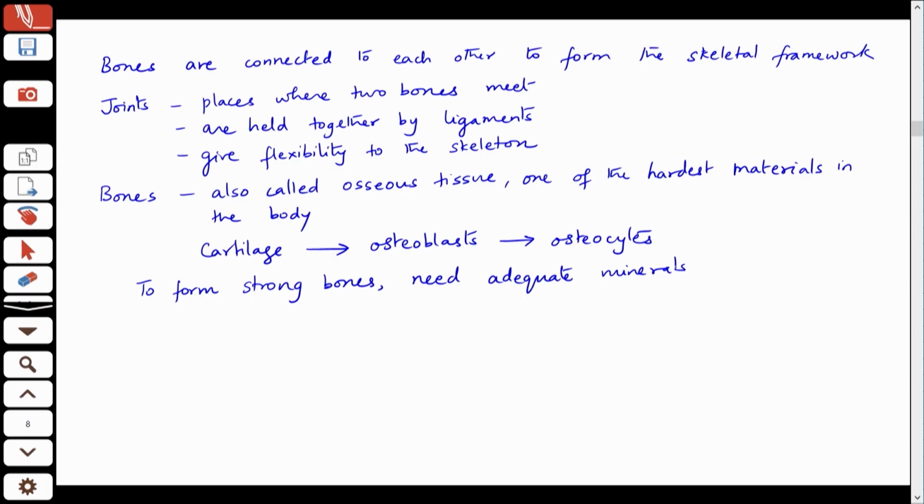In the body, which is why a good diet is necessary. And bones, because bones are living tissue, also respond to stress. So, if you do not exercise, if you do not load your bones, then the bones become porous and weak. In the human body a lot of it works that way: if you do not use it, you lose it.